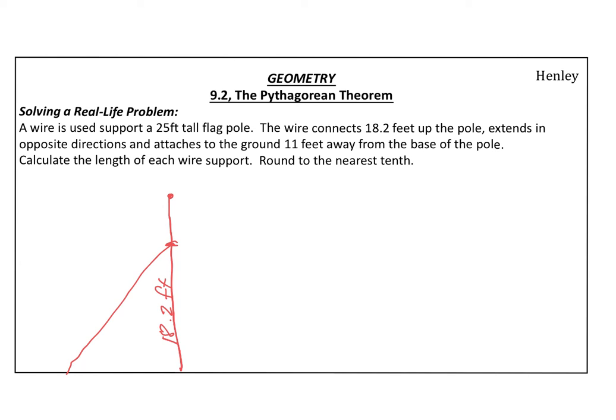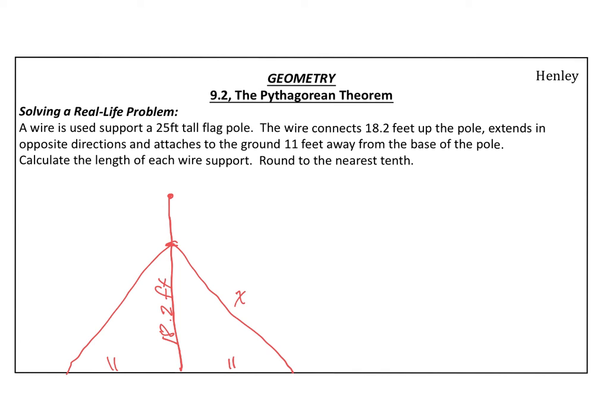It extends in the opposite direction and attaches to the ground 11 feet away from the base of the pole. So 11 feet out, this is 11 feet. We want to know how long is the wire.